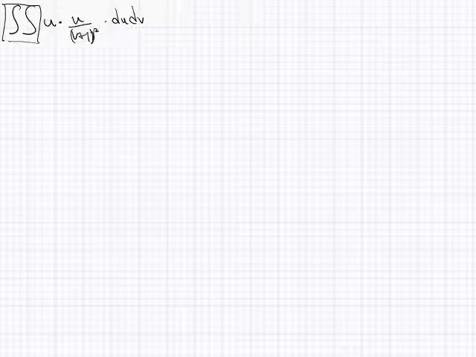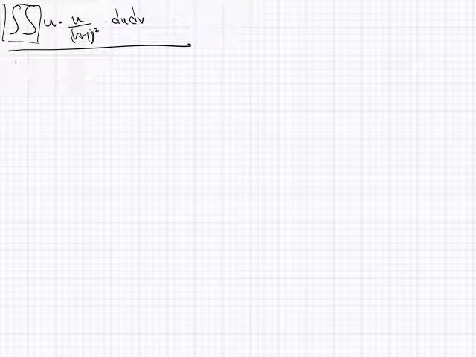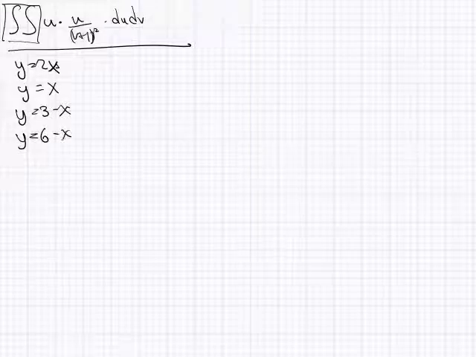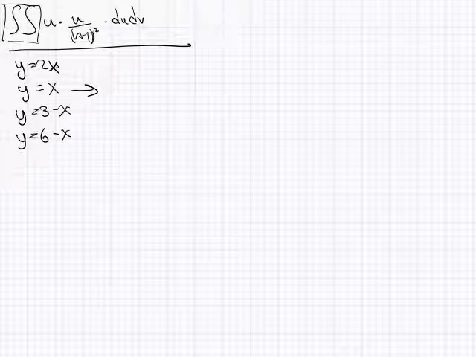And so we have the equations, if you remember. The equations we started off with were y equals 2x, y equals x, y equals 3 minus x, and y equals 6 minus x. And we need to convert those over to u and v equations so we can sketch it out in the uv axis. Okay?